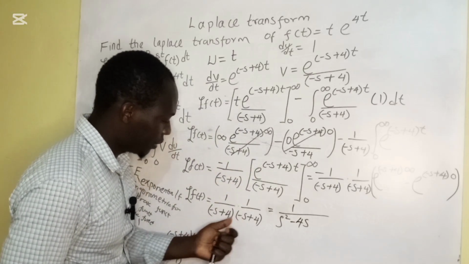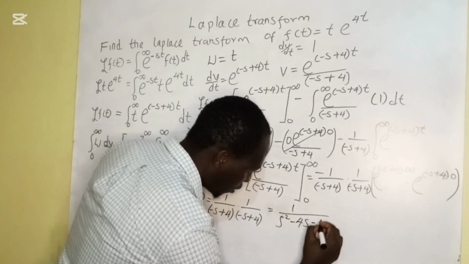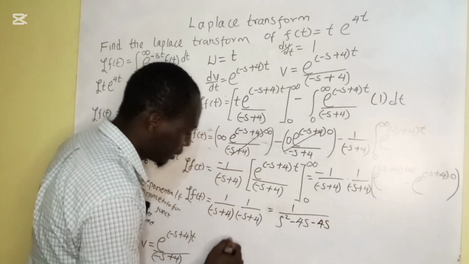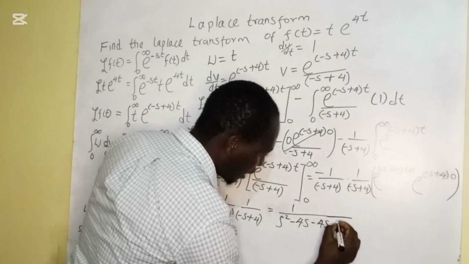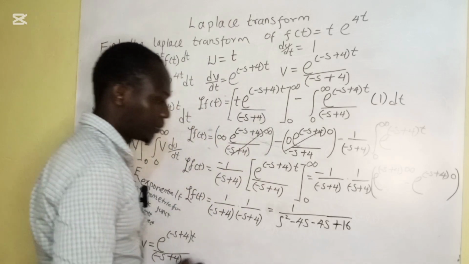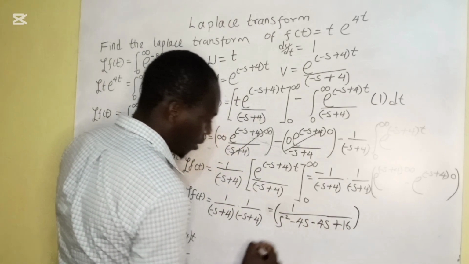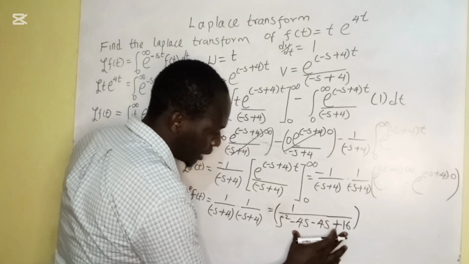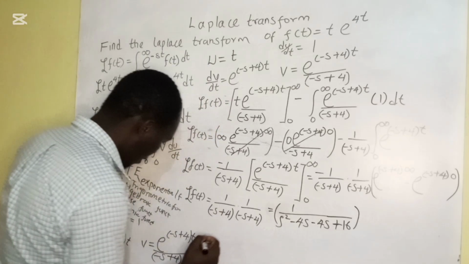Negative multiplied by a negative of s, we are going to have a negative of 4s. And here now we have an additional 16. Let us now simplify our denominator.